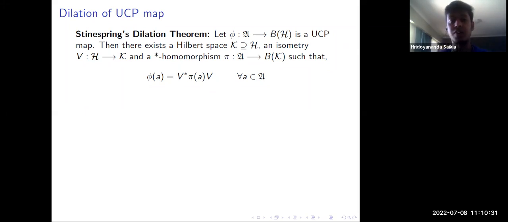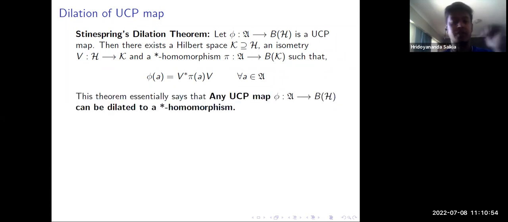So what it says is that these UCP maps are not very different from the star homomorphisms. This is a good thing, and it actually generalizes the idea of the GNS representation theorem.